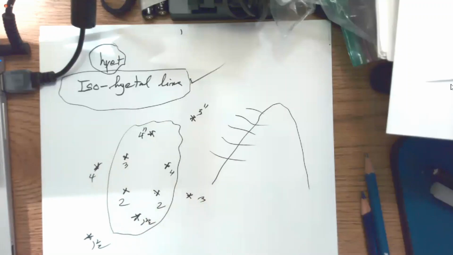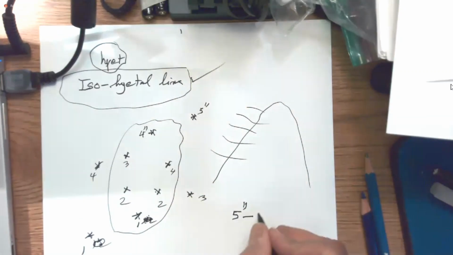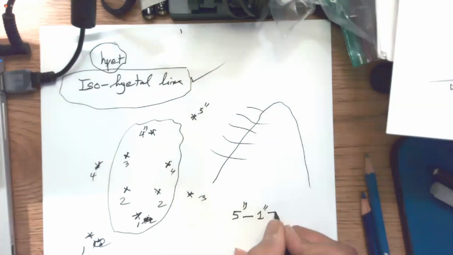Okay. So first you take the highest value, which is 5, and take the lowest. Let's change it to 1. So 1 inch. So the range of values is 4.